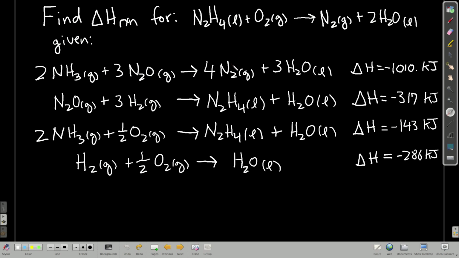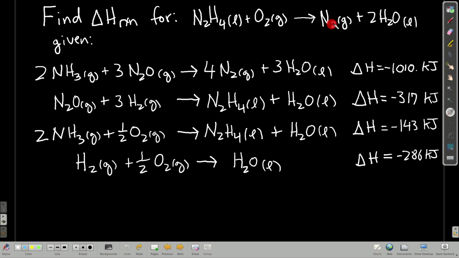We're going to look at this in just a second, but in general, when you want to find delta H for a reaction given delta H for others, what I always do is find one species in my target equation that only appears in one of the thermochemical equations I'm given. The one that pops out at me is nitrogen, N2.